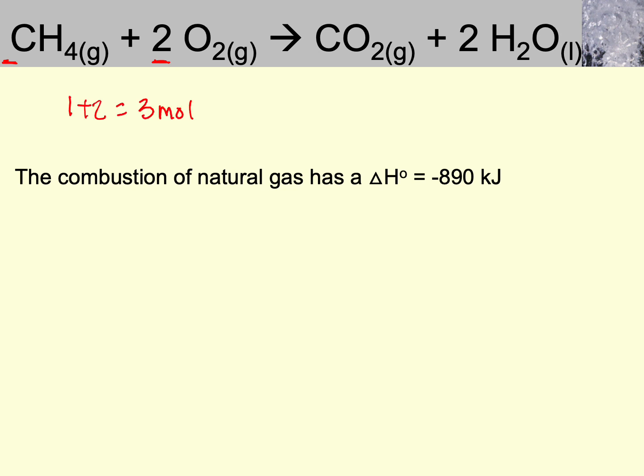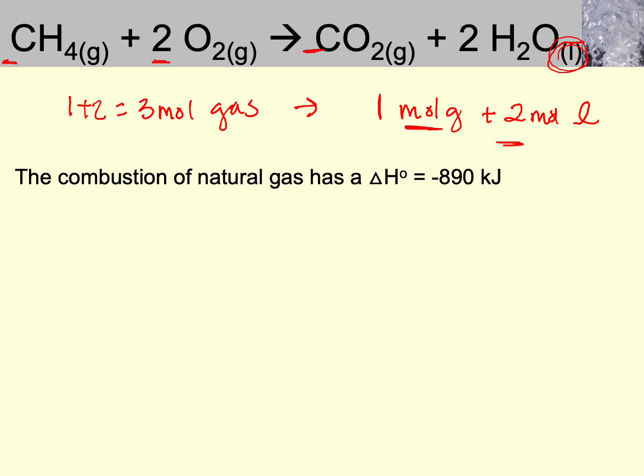Over here we have 1 mole of gas, and this is liquid. So 3 moles of gas to 1 mole of gas plus 2 moles of liquid. Because of this, it goes to fewer degrees of freedom on the product side. So the reaction is spontaneous even though there is a decrease in entropy.